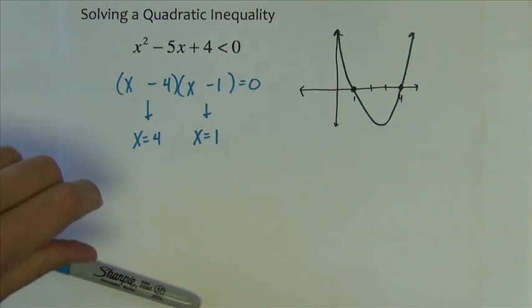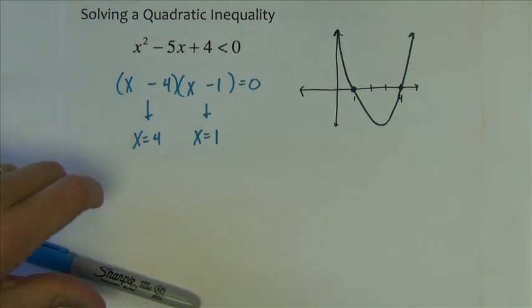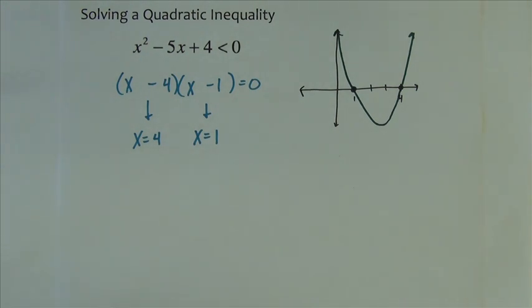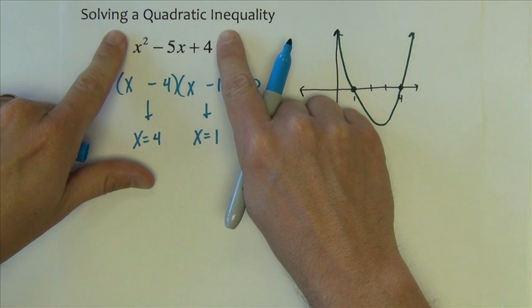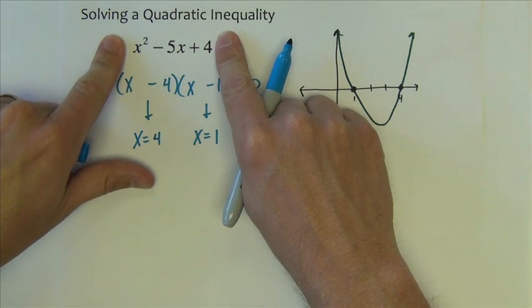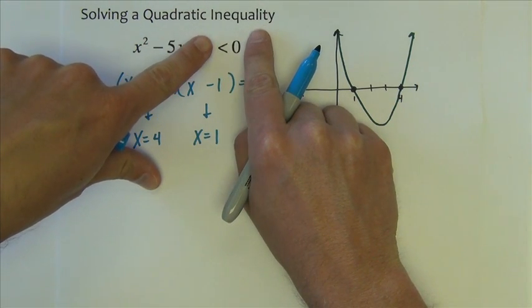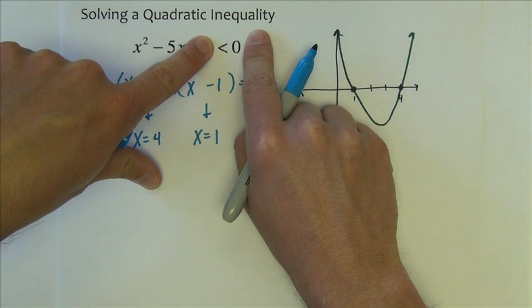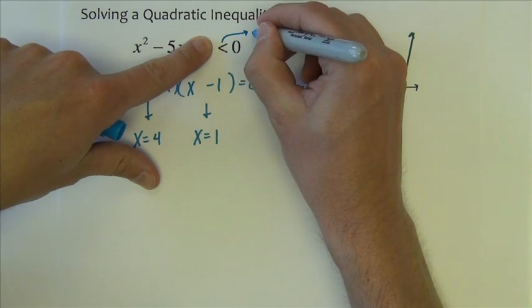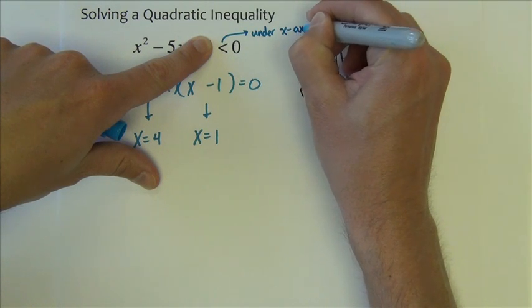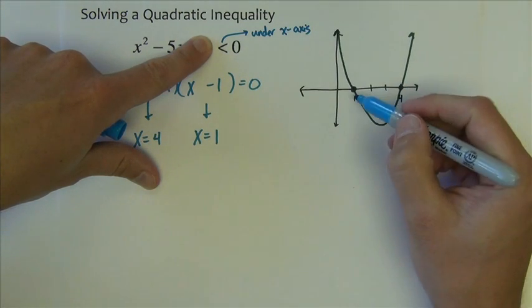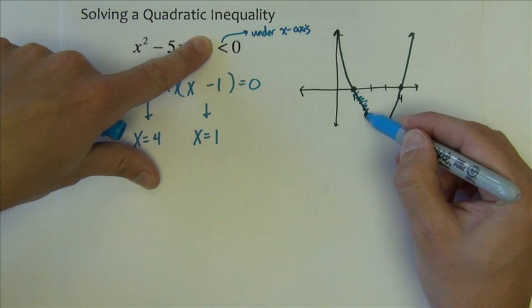And what I want to know, we'll just use the graph to answer this. What I want to know is, where is the graph of the parabola, where is the graph of this equation less than 0? In other words, where is it under the x-axis? Well, it's under the x-axis right here.